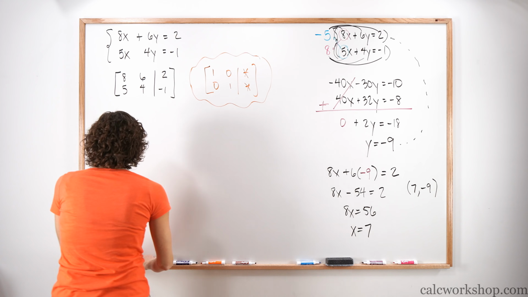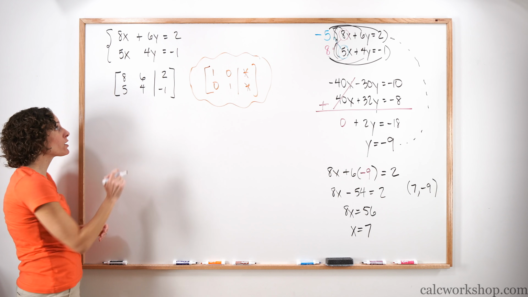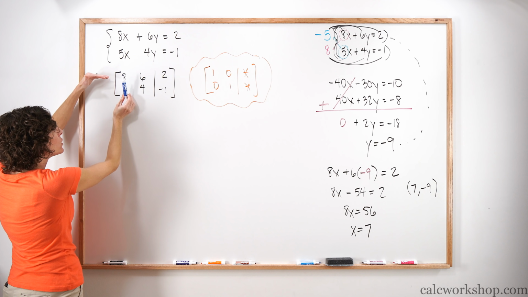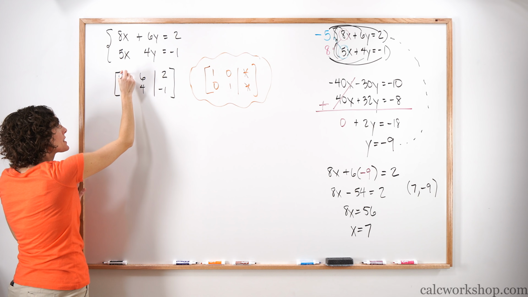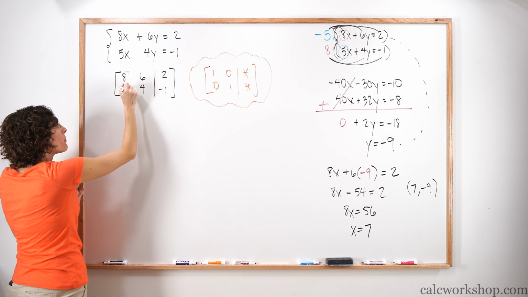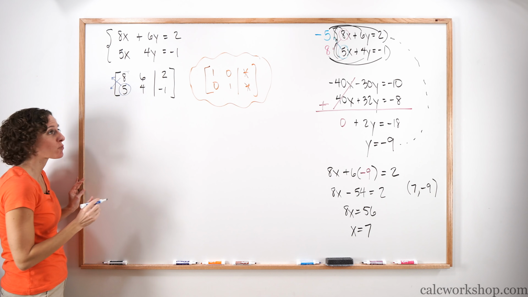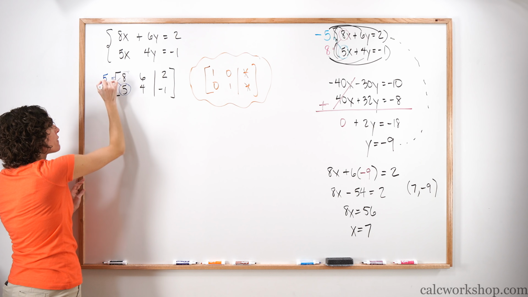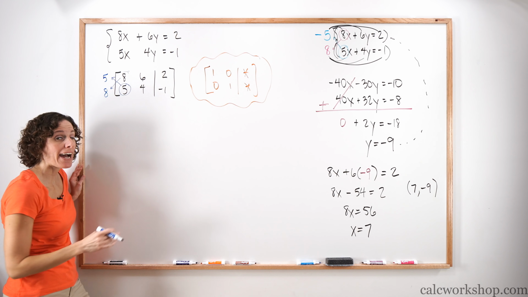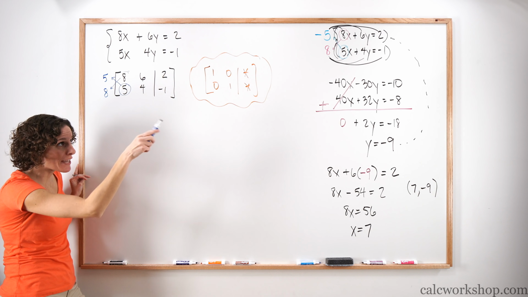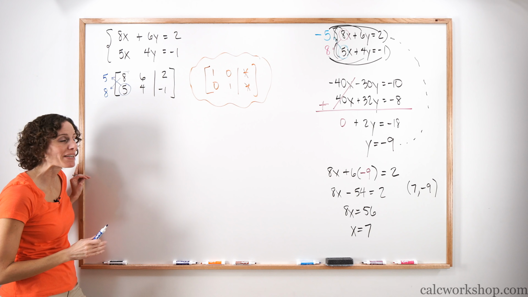What we're going to say is, well, if I am in column 1, I'm going to use row 1 to manipulate. So once again, what I'm going to see is I want to keep this guy, but I want this one to go away. I'm going to switch those two numbers once again. So I'm going to say this is a 5 and this is an 8. Now, we did the exact same thing over there, but we recognized over there that we needed 1 to be positive, 1 to be negative.